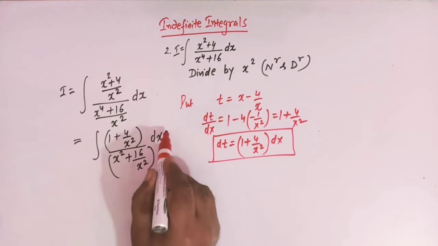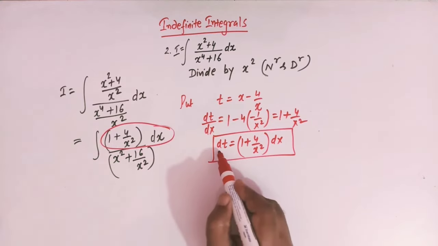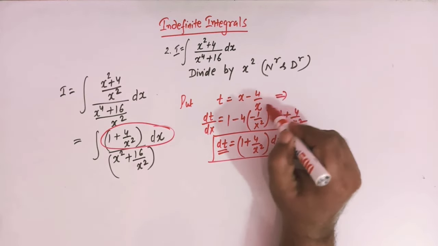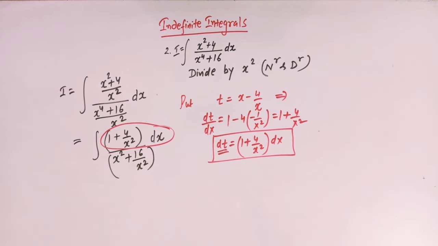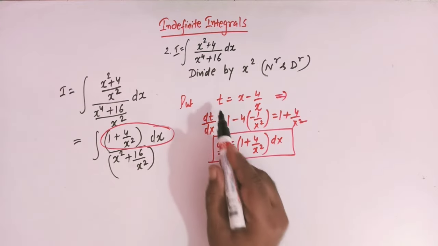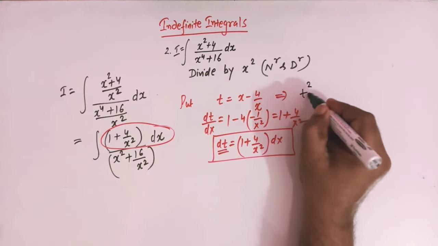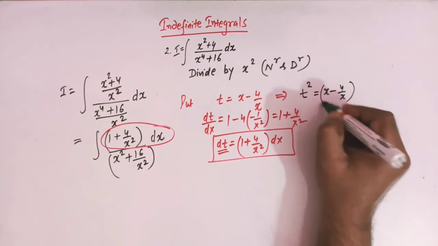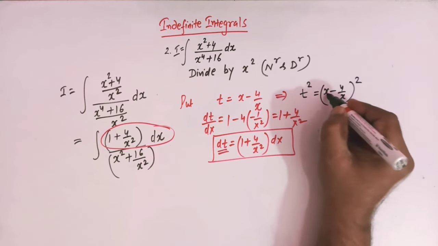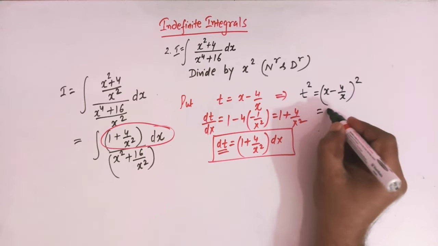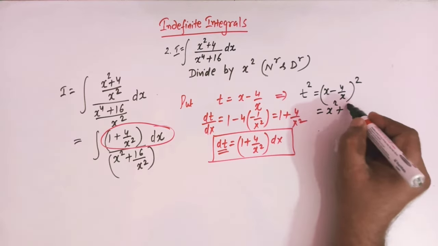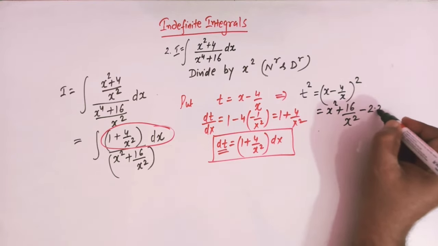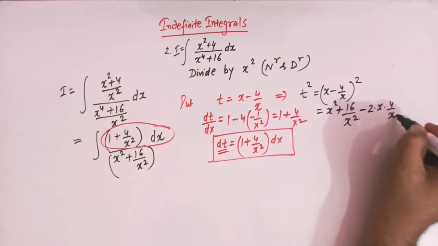So for this term we can write dt, and if we take the square of both sides, we get t square equals (x minus 4 over x) whole square. Applying (a minus b) whole square, we get x square plus 16 over x square minus 2 times x times 4 over x.